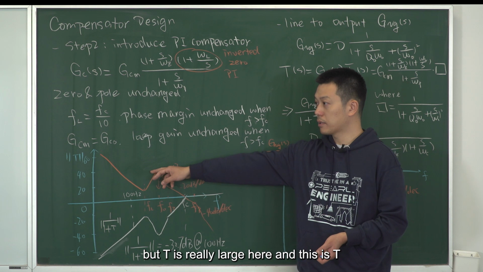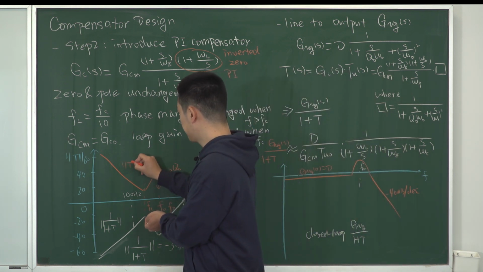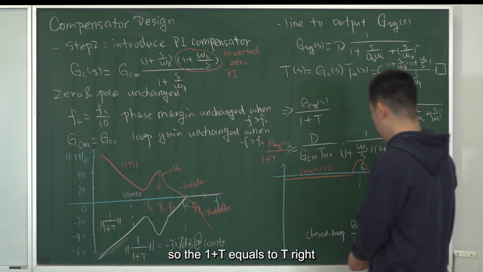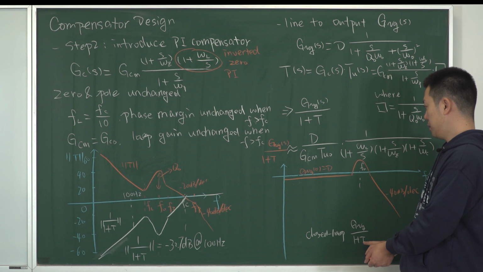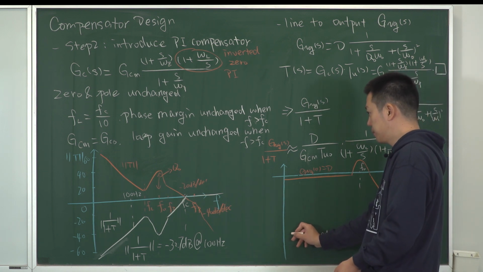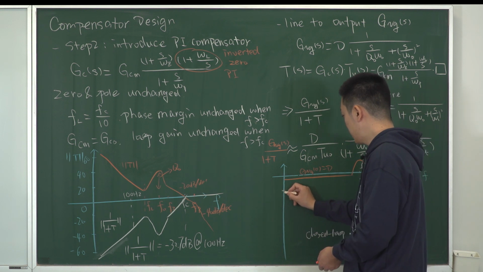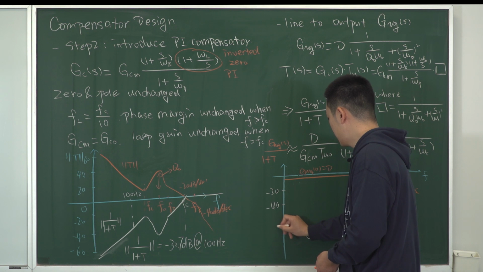This is T. Since T is really large, 1 plus T equals T, so we will have such a behavior: minus 20, minus 40.